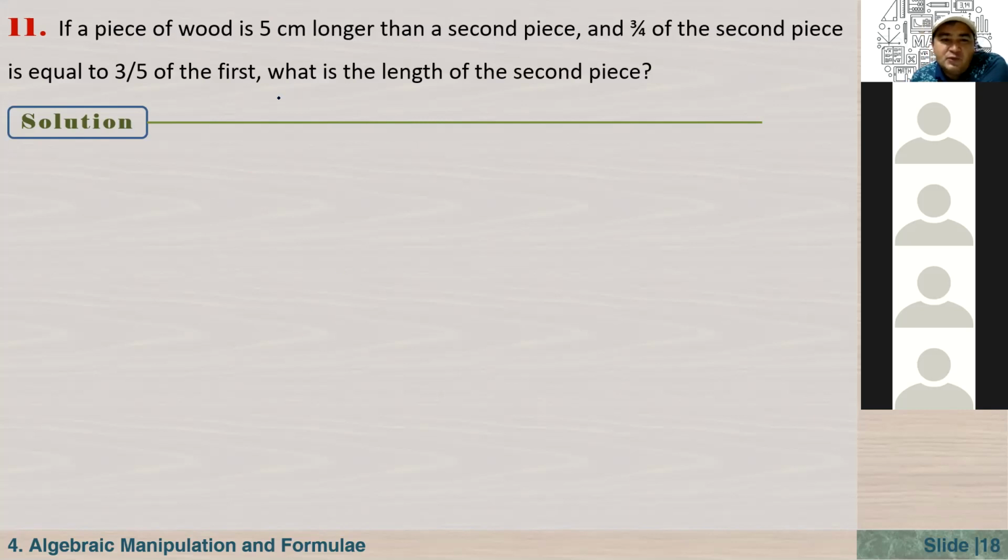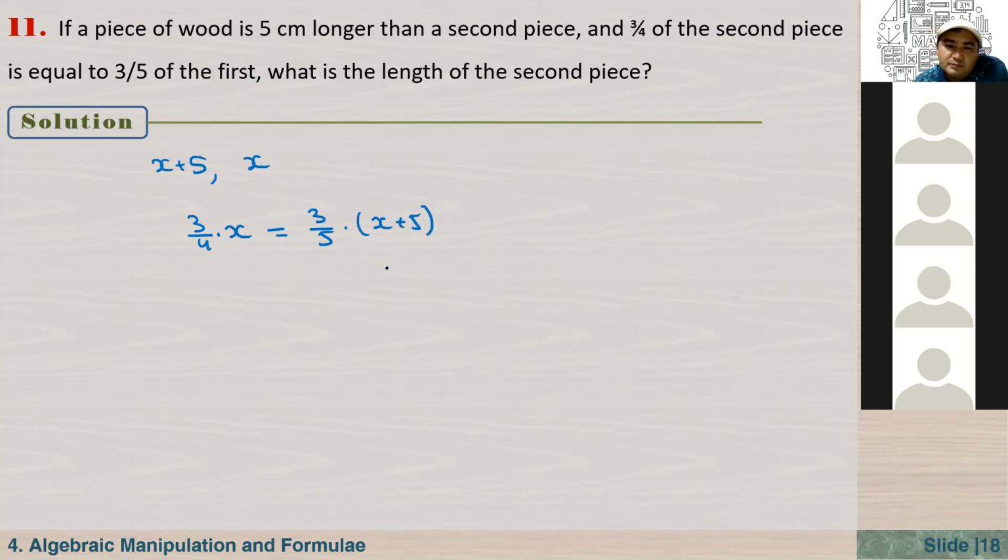Okay. A piece of wood is 5 centimeters longer than a second piece, right? That means that if the second one is x, the first one will be x plus 5. And then 3/4 of the second piece is equal to 3/5 of the first, that is x plus 5.